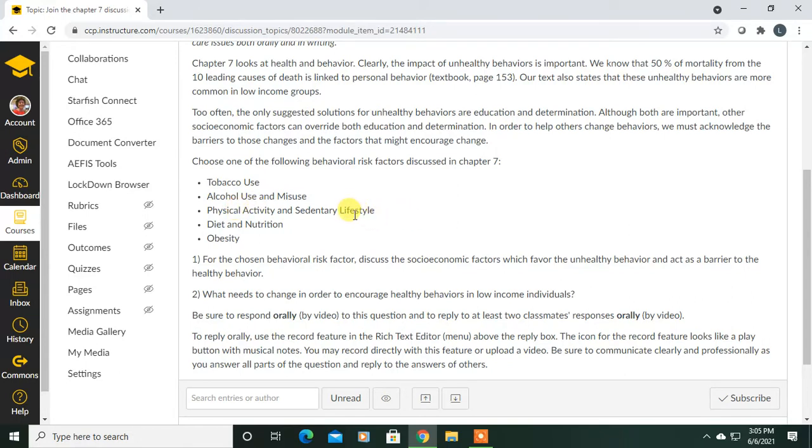What are other factors besides knowing and being determined to change that can get in the way of doing the right thing? I think it's really important that we understand that change is difficult, and if we want to help the population at large, we need to eliminate some of the barriers to that change. And we need to facilitate the change by opening up or increasing the factors that do favor that change. So think hard about this, okay?